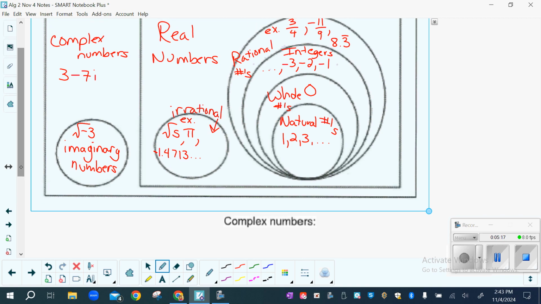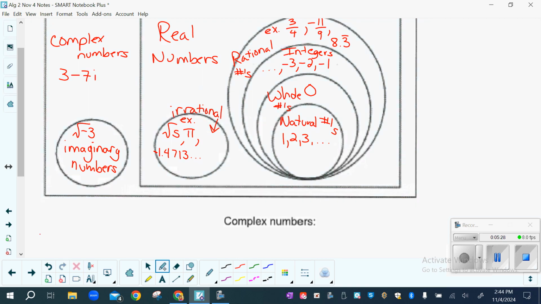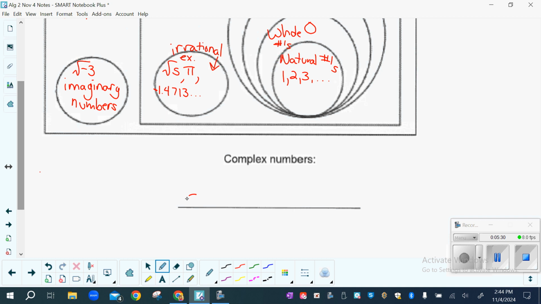Anybody still looking at this here? So complex numbers we write as a plus bi.